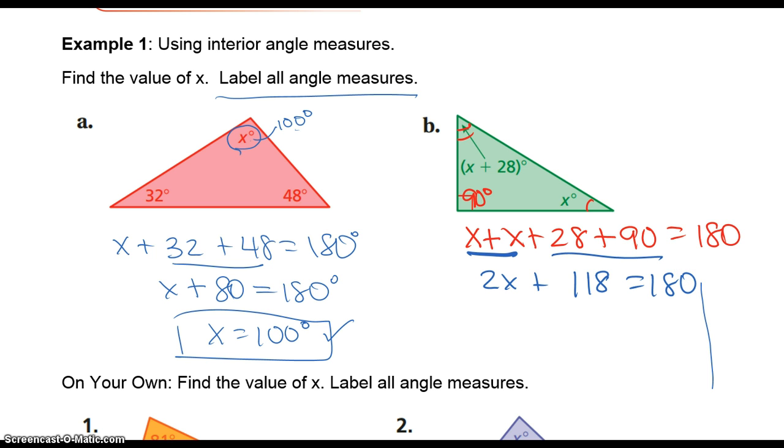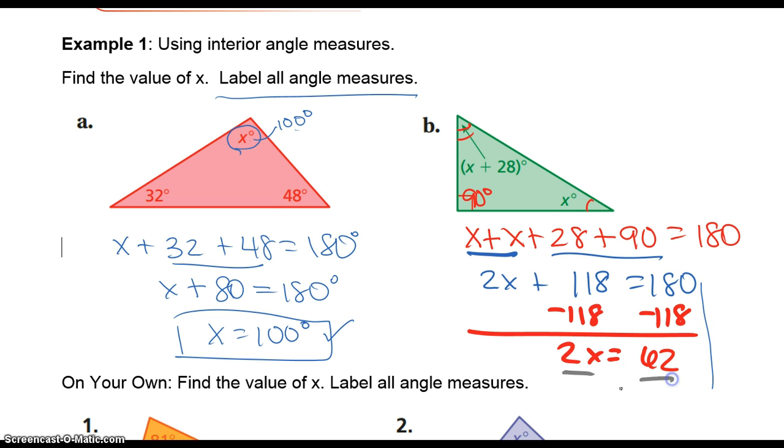You can subtract from both sides. Subtract 118 from both sides and you get 2x equals 62. 2 times what is 62? Well, that's when you divide both sides by 2. You get x equals 31.